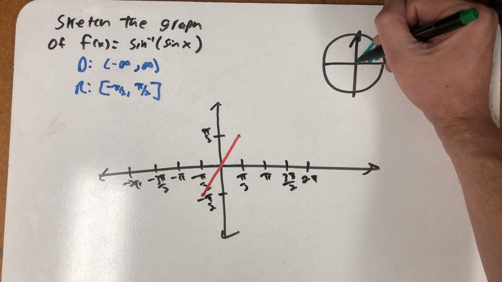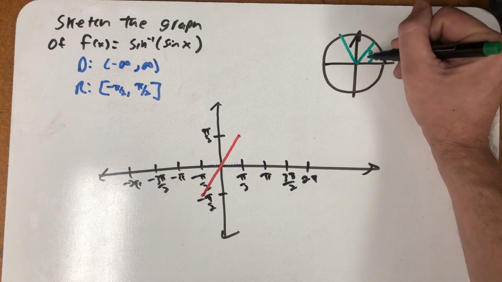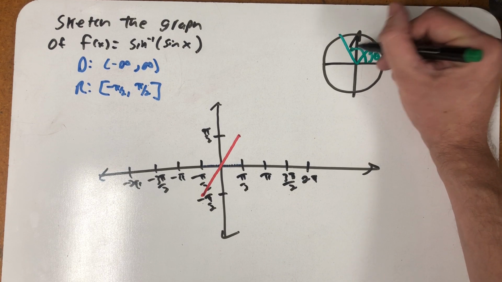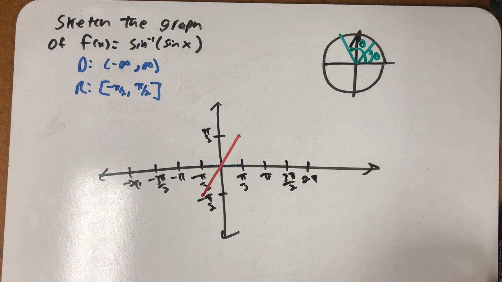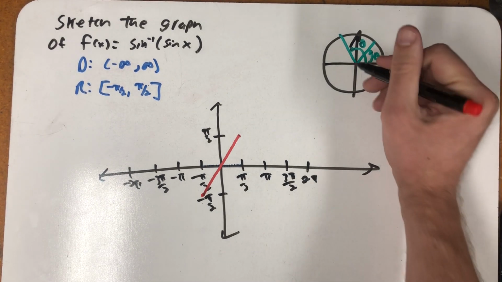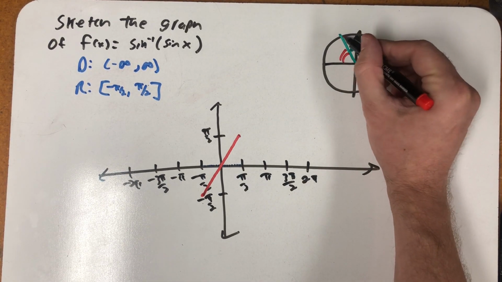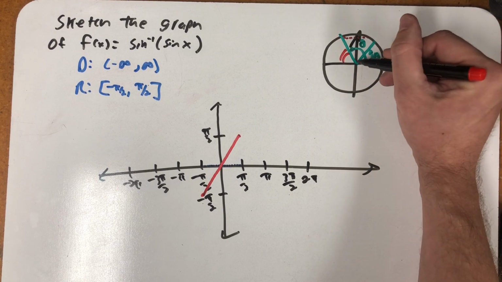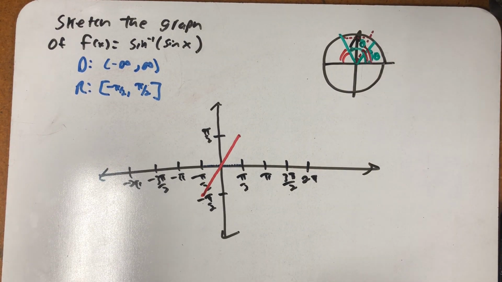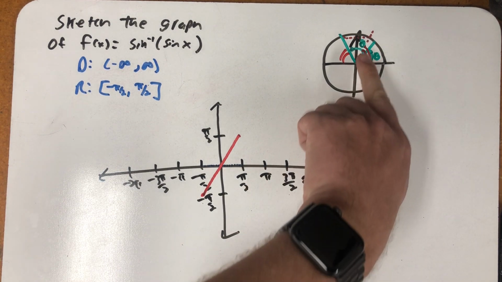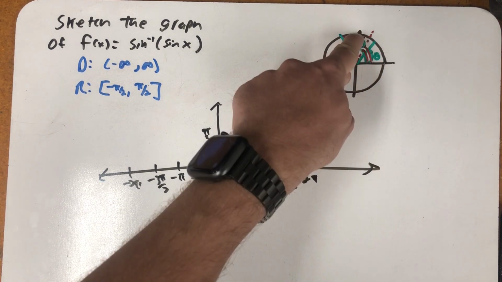But when I pop over to the second quadrant, inverse sine can no longer tell me this larger angle theta. But it can give me this angle over here, its reference angle, because sine has the same value there. So sine of this angle theta becomes a y value.